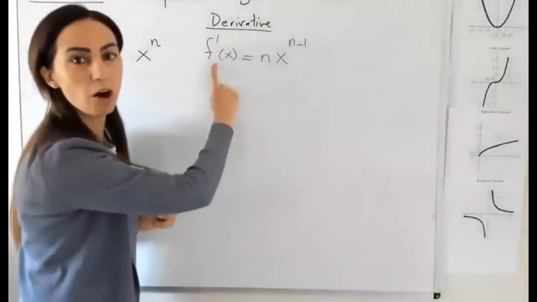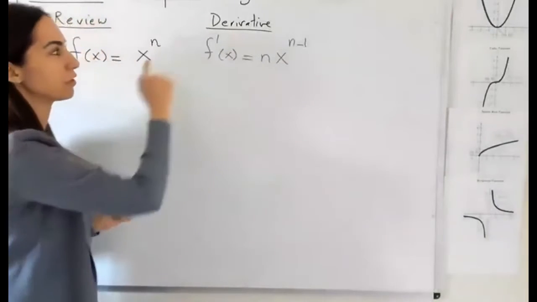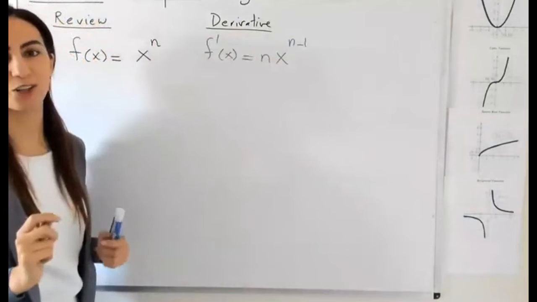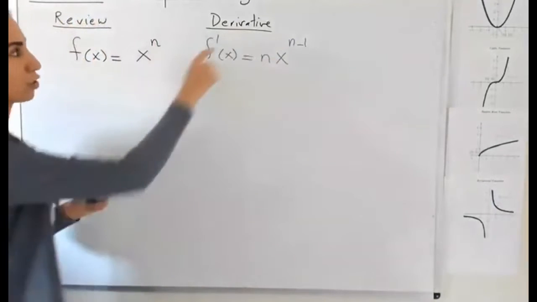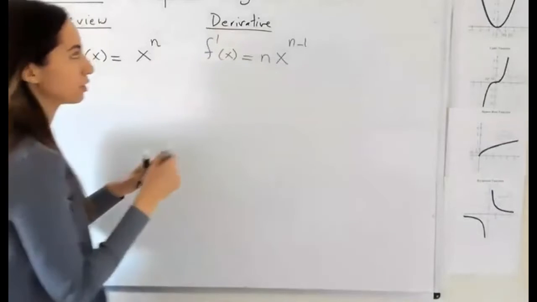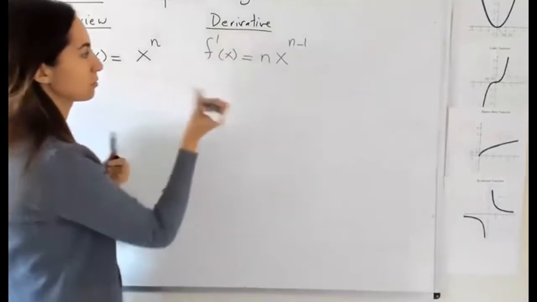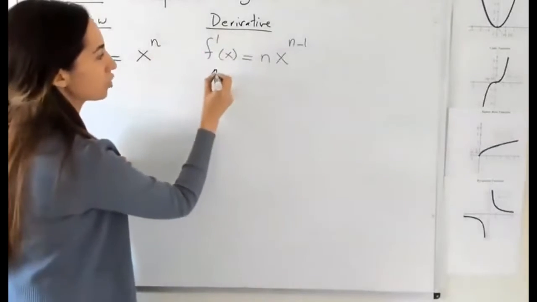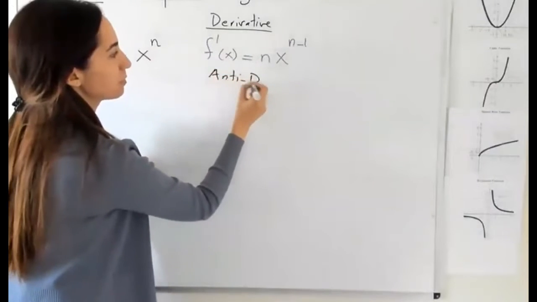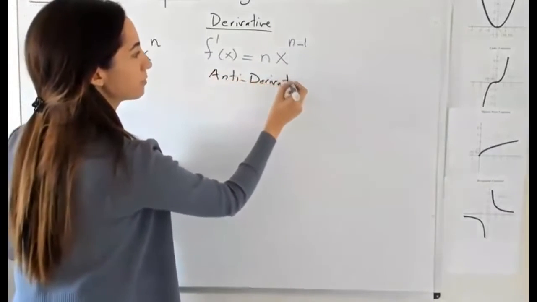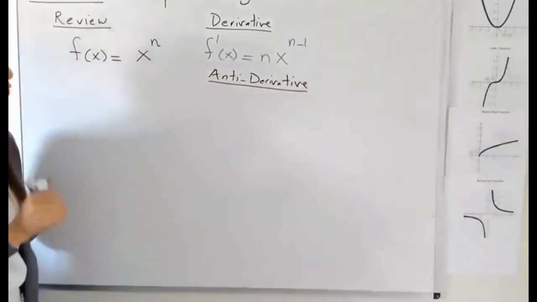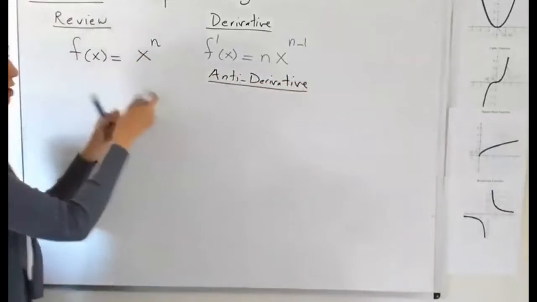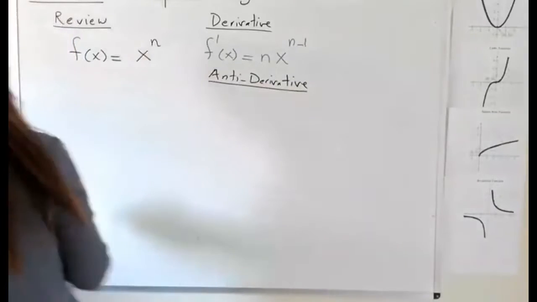The opposite operation of taking the derivative of a function is called taking the integral of that function. So this is the derivative. We define the anti-derivative, or just the integral of this function. The integral has notation.